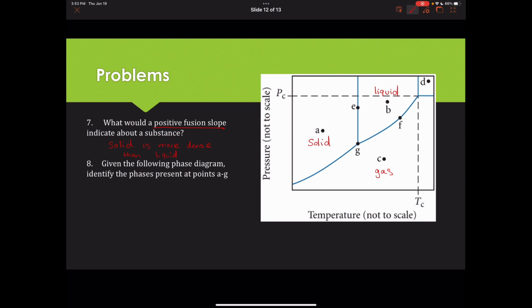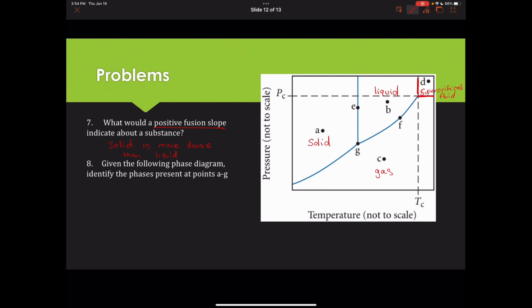Now D. D is occurring up above that solid-liquid line. So when we're up there, that is our supercritical fluid. Now, if we look at E, we're sitting on the line that separates solid and liquid.